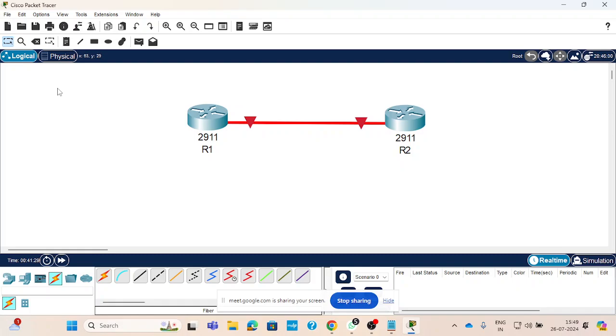Everyone knows line protocol is down, tick, go. What are the 3 different options? Line protocol is down, IP address is not matching, and the cable is not matching. Okay, next. Everyone knows.